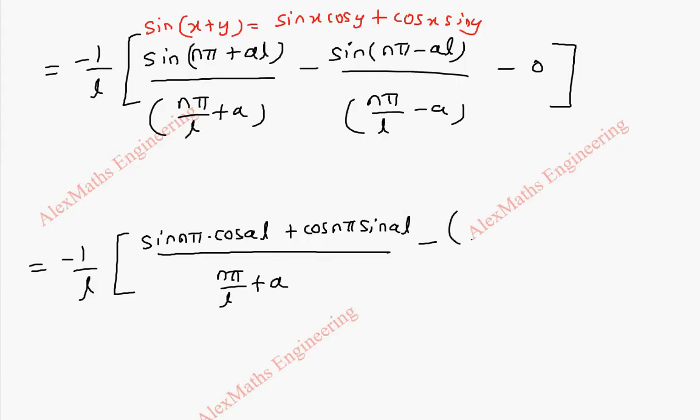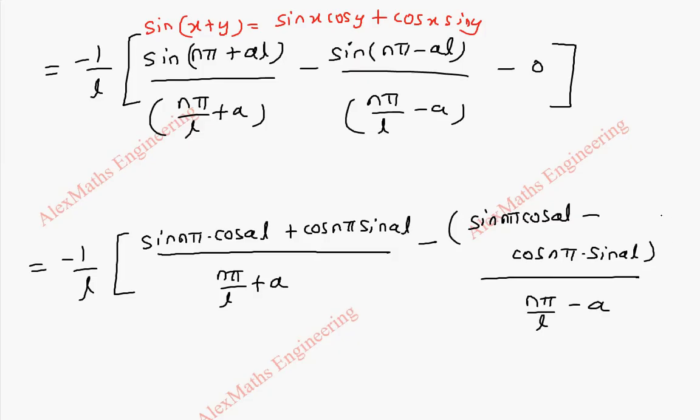Similarly, minus, let's open a bracket, same thing with a minus sign in the middle. So sin n pi cos al minus cos n pi into sin al, divided by n pi by L minus a.